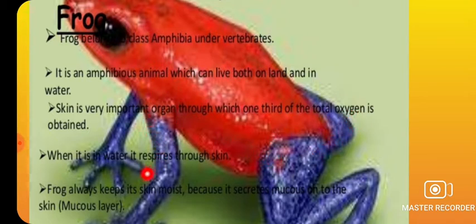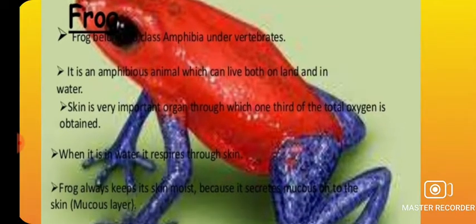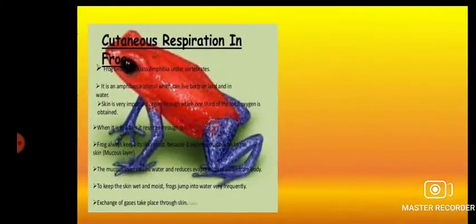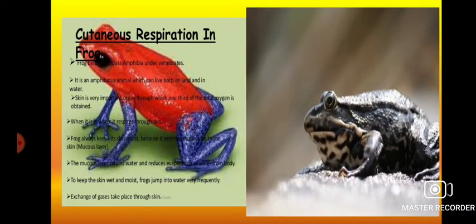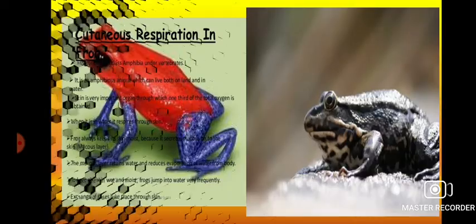In that case, skin is a very important organ through which one third of the total oxygen is obtained. When these animals are underwater, they respire through the skin, and when they are above the water, they respire through the lungs, which I have already mentioned before. So both of these organs are helpful for the respiration process.